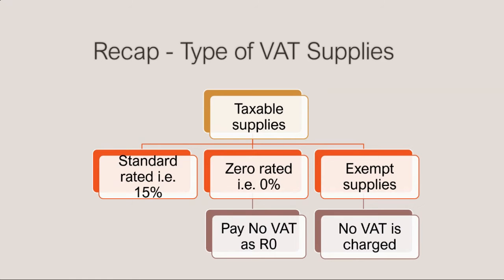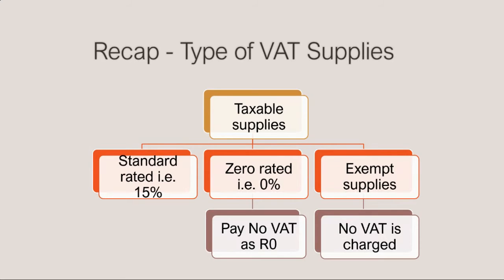Okay, now zero rated, we pay R0 VAT on it, but it is a percentage. So please bear in mind when you explain the difference between zero rated and exempt supplies. Zero rated is tax levied at 0%, whereas exempt supplies is no VAT has been levied on that product.